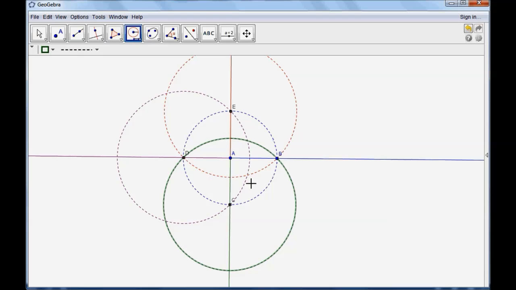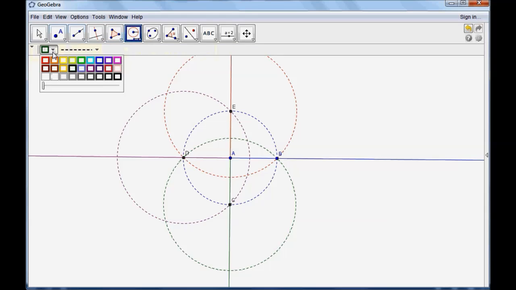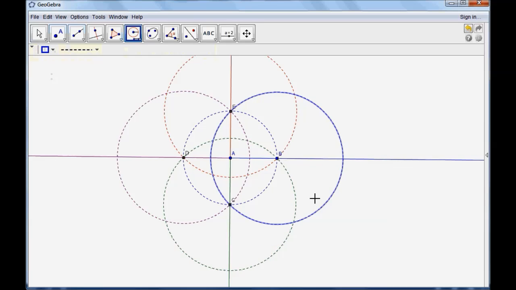So DAC and BAC are congruent angles. The last one is not necessary to show, but I'll just toss the circle on there anyway. If I take a blue circle and go from B to C, there it is. And of course, EB and BC are congruent to one another.